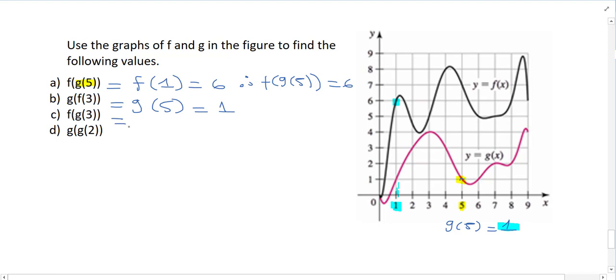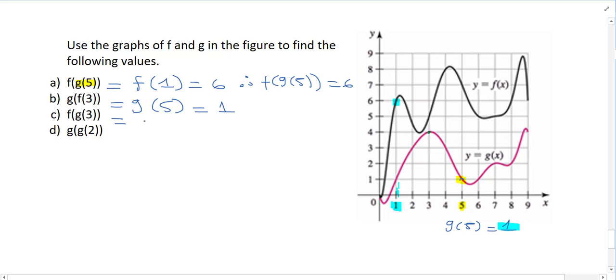Now f of g of 3, so I'm going to go to 3 and now find g. Wait, f of g of 3. Got mixed up looking at all those numbers there. So g of 3, so 3 and then g. So it's 4.